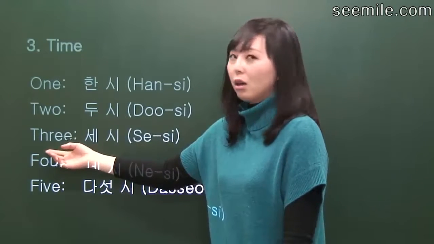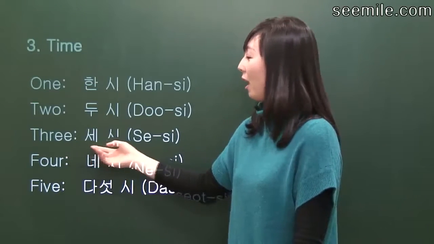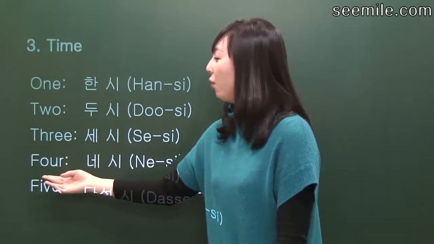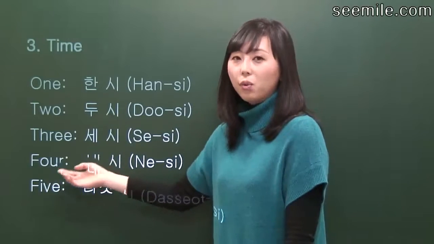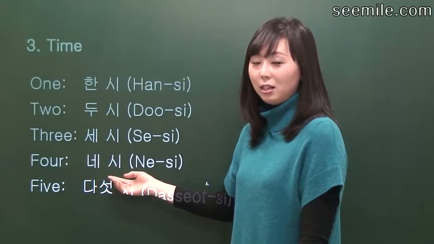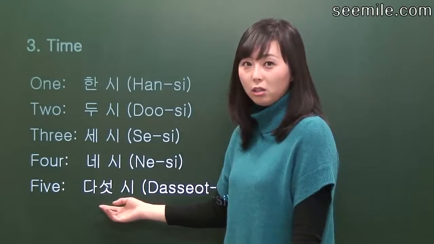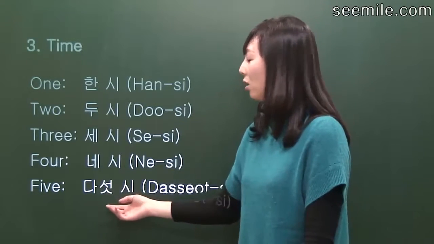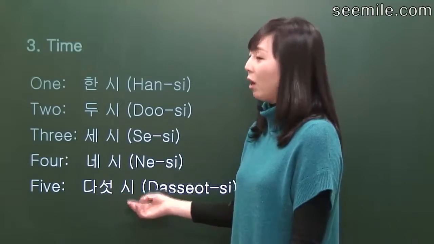And 3, 세. 3 o'clock, 세 시. And 4, 네. 4 o'clock, 네 시. And 5, 다섯. 5 o'clock, 다섯 시.